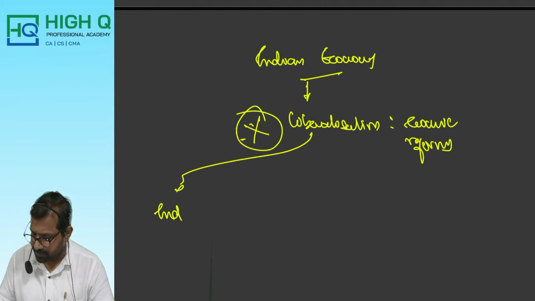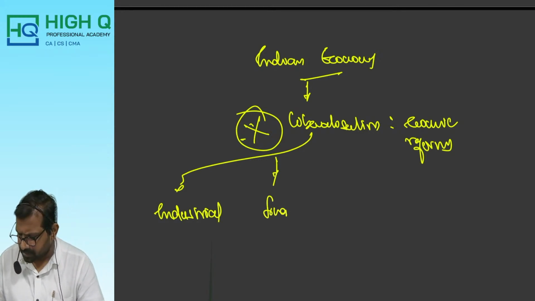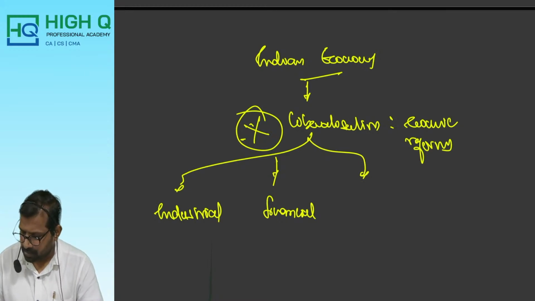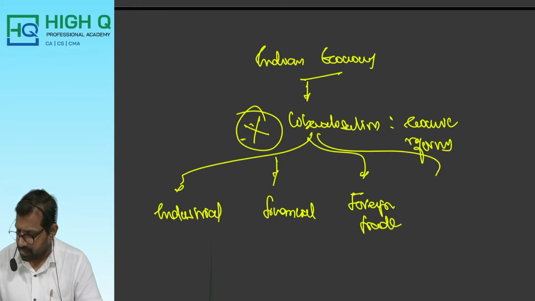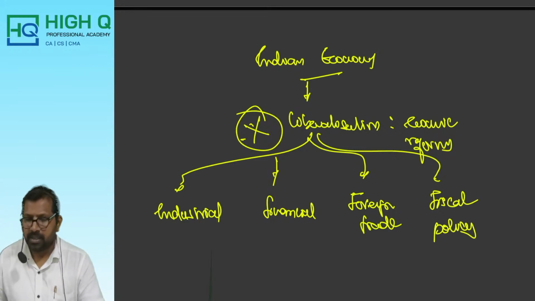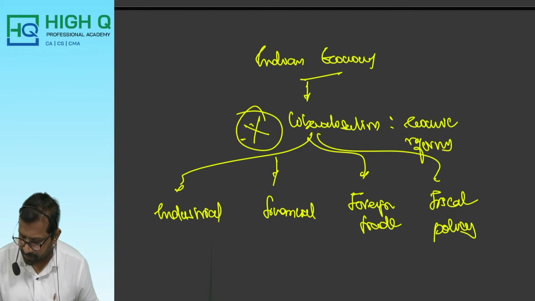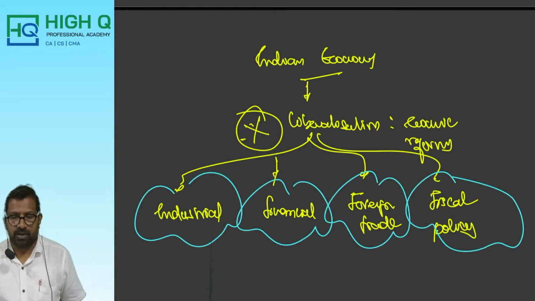One is the industrial sector, the financial sector, the foreign trade sector, then fiscal policy. Now just see here, under liberalization: industrial, financial, foreign trade, fiscal policy.